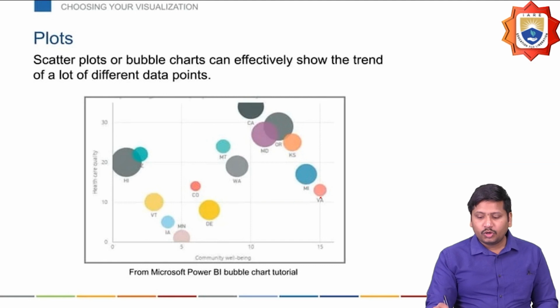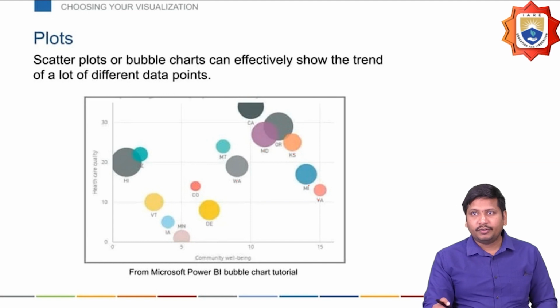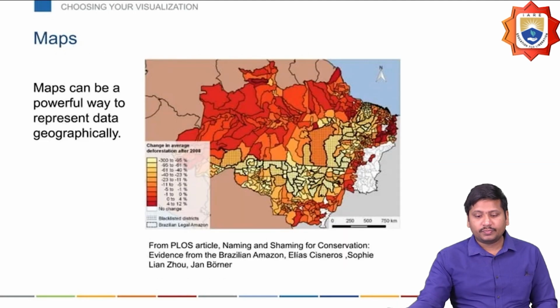The scatter plot shows only dots, or it can show bubbles, along the x-axis and y-axis for any kind of application. It should show effective trending data items or a trending set of items. With respect to points, you can show them through plots like scatter and bubble plots.